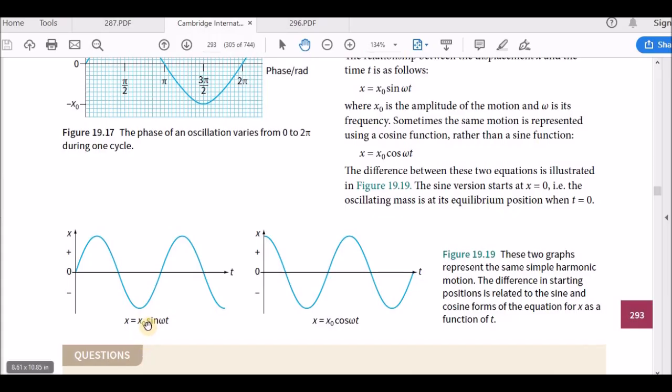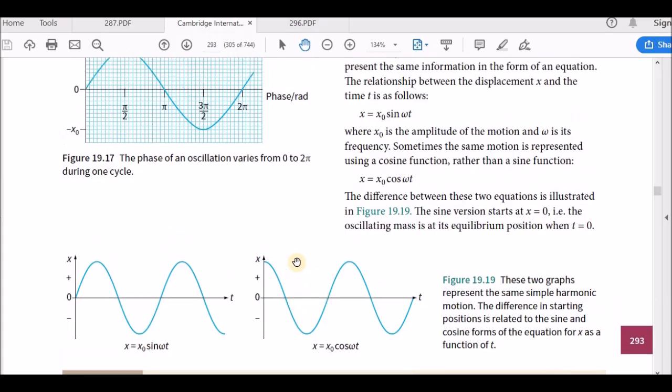So the only difference is that over here you start timing when the displacement is 0, and over here you start timing when the displacement is maximum. This is correct, but over here omega should be angular frequency.